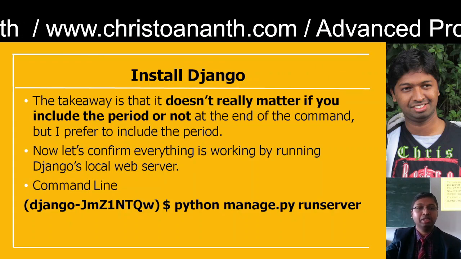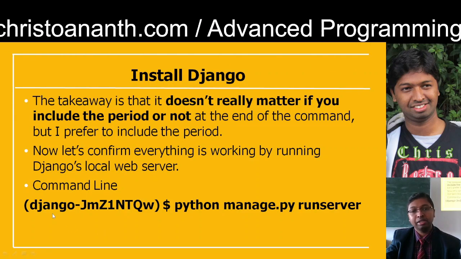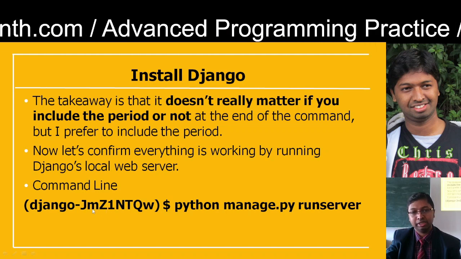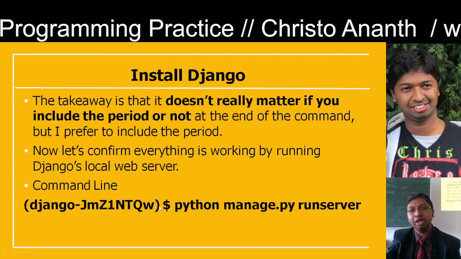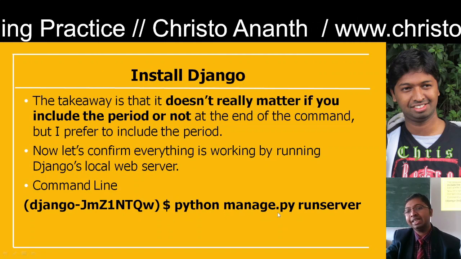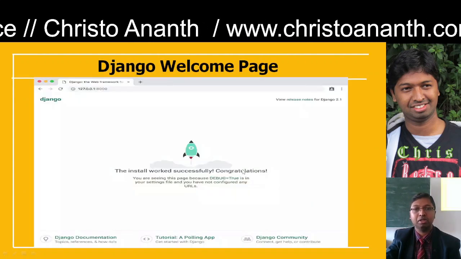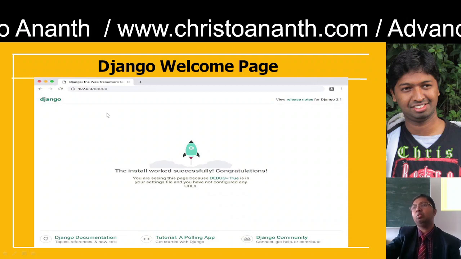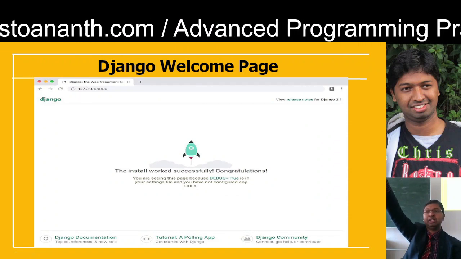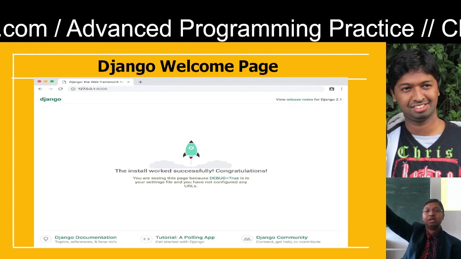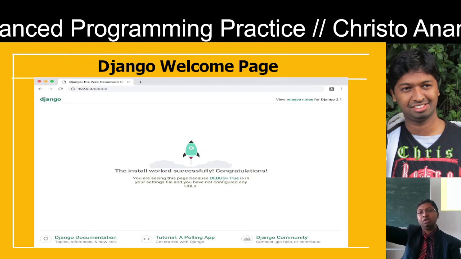So in the command line you will have the Django environment name, and within that, in parentheses, you run $ python manage.py runserver. You will see 127.0.0.1:8000, and if you can see it in the front end, you can see the installation works successfully.